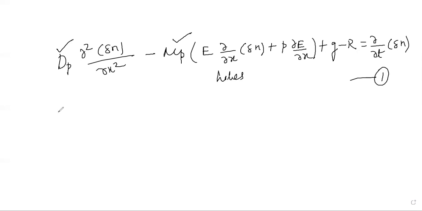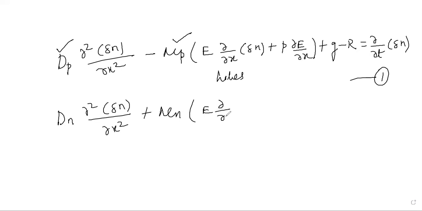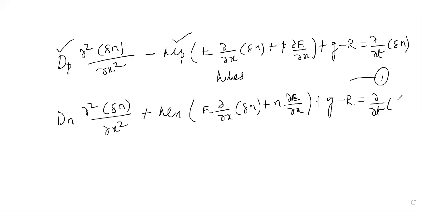Similarly for electrons we can rewrite D_n del square of delta n, considering delta n is equal to delta p. So you can see in both equations the variable is delta n. Plus mu_n E del by del x of delta n, and plus n del E by del x plus G minus R as it is, equal to del by del t of delta n.